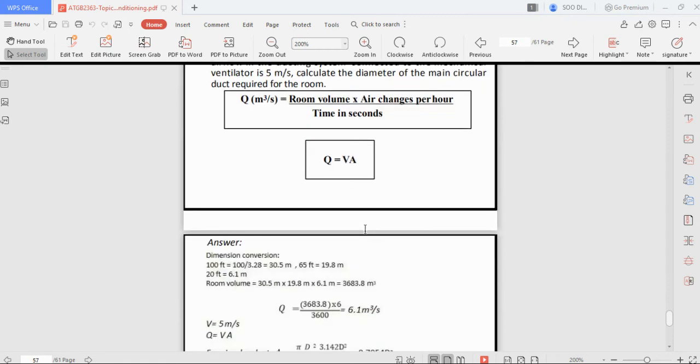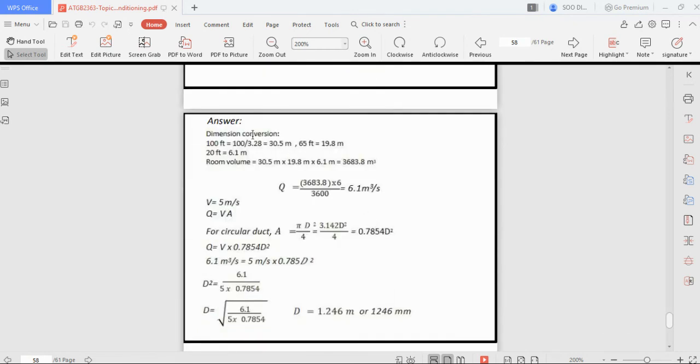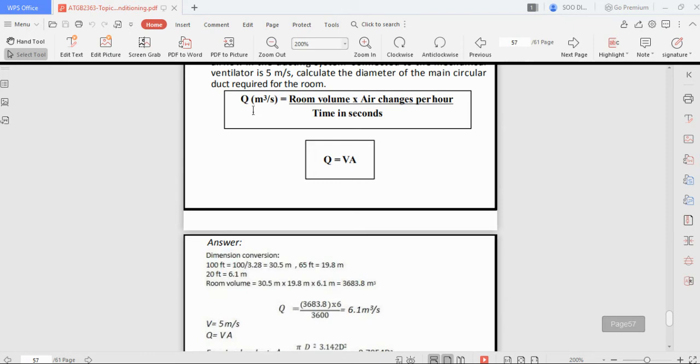Okay, going to the answer. So you want to convert the feet into meters. So you just divide it by 3.2. Same for 65 feet, this is after you divide by 3.2. So you get these three values, which are the height, the width, and the length. So you know that Q is equal to room volume.